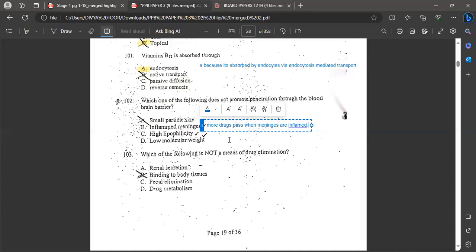But okay, particle size. Do we talk about particle size when a drug is in the blood or when it's in the GIT? Doesn't it depend? I don't know.